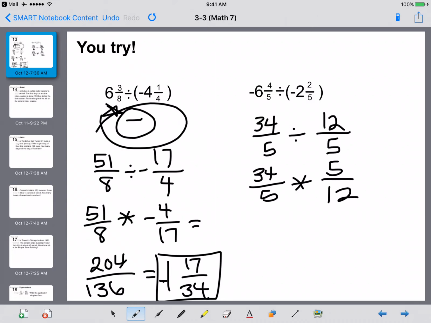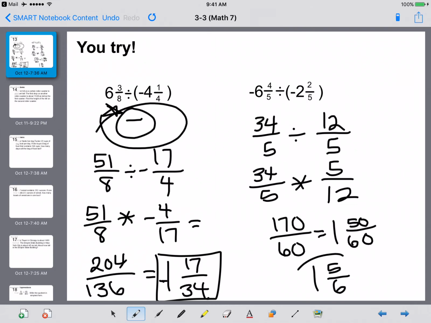And we're going to multiply across, so 34 times 5 is 170. 5 times 12 is 60. 60 goes into 170 one time, and there's 50 over 60 left. That breaks down to just 1 5/6.